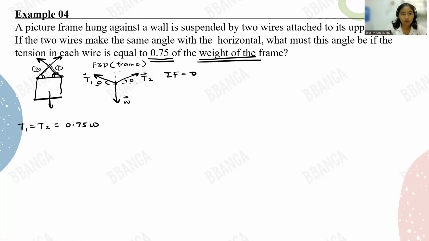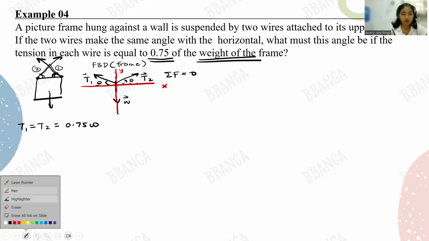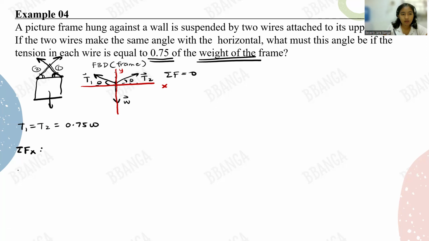No? So, drawing ko lang na ito yung ating y-axis. And ito naman yung ating x-axis. So, summation of forces tayo. Summation of force along x and summation of force along y. So, yung forces natin along x, kung titignan nyo, ang direct lang na nakikita natin ay si weight, nasa y. Pero yung T1 tsaka T2 natin ay may component along x and y.